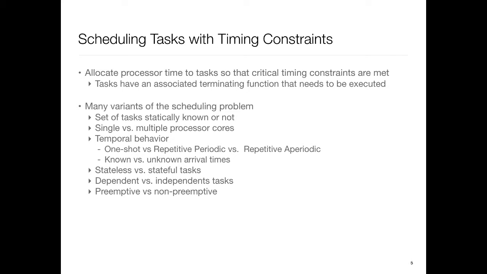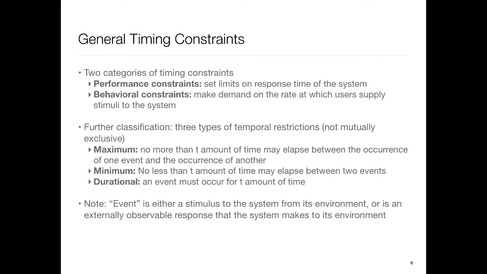Tasks may be non-preemptive, like for example, they really don't want to be disturbed. Remember last time I talked about how rare but long-lasting tasks can be a pain, and particularly if they are non-preemptive, then you have to be super careful that you do them at a time when something important is not going to happen. So a variety of issues come up.